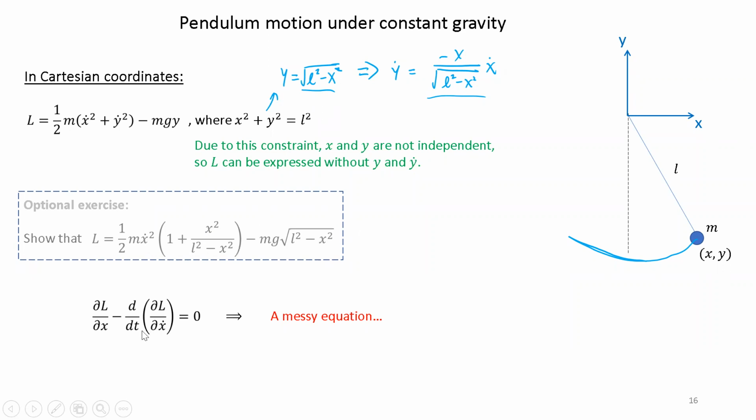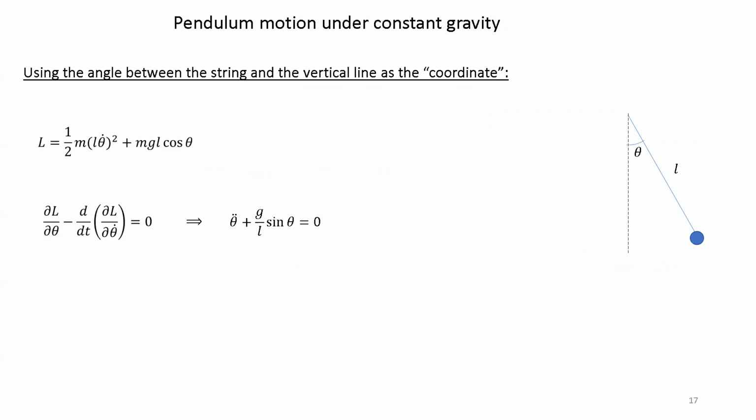Because I only have one coordinate, one Lagrange equation is enough. But if you actually go ahead and plug this L of x into the Lagrange equation, you find that the equation of motion you get is quite messy. This just illustrates that in this case x, y is not a convenient choice for your coordinate variables.